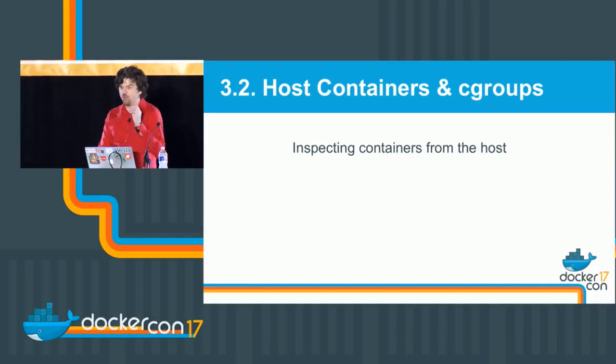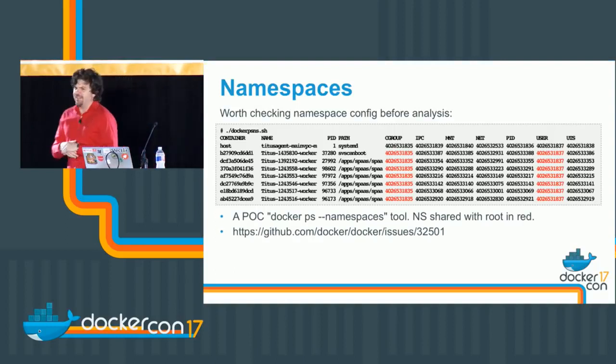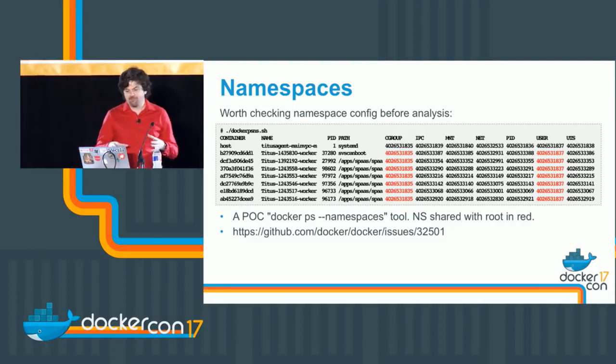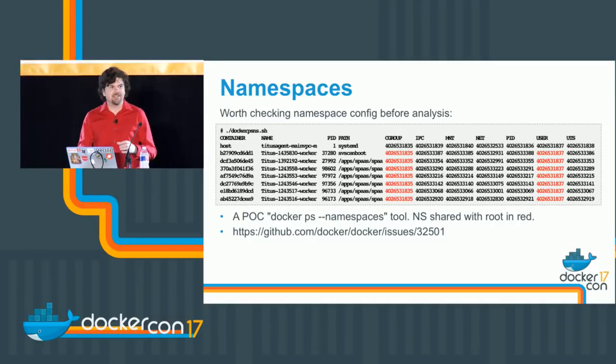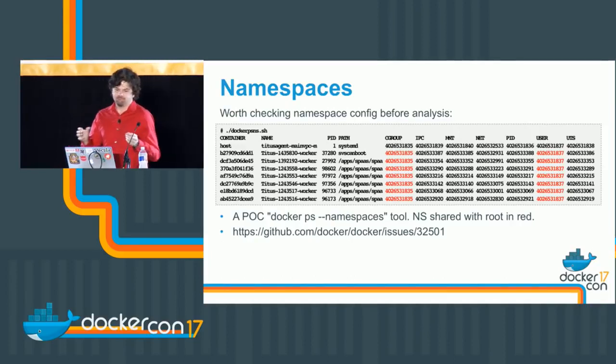Now for when we're on the host and we want to look at containers, the first thing I like to understand is namespaces. So one of the features of how Linux does containers is that it can be configured differently. And so you could share namespaces between containers, they aren't necessarily unique.